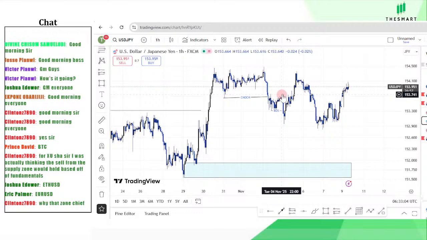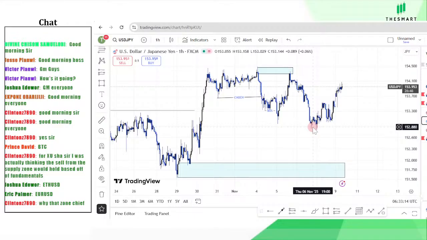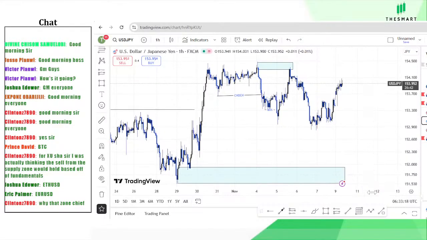We have what? This liquidity provided and price tapped into this supply. Price tapped into this supply, and that's why we have this sell to the downside. So let's see if we have any other sell opportunity.